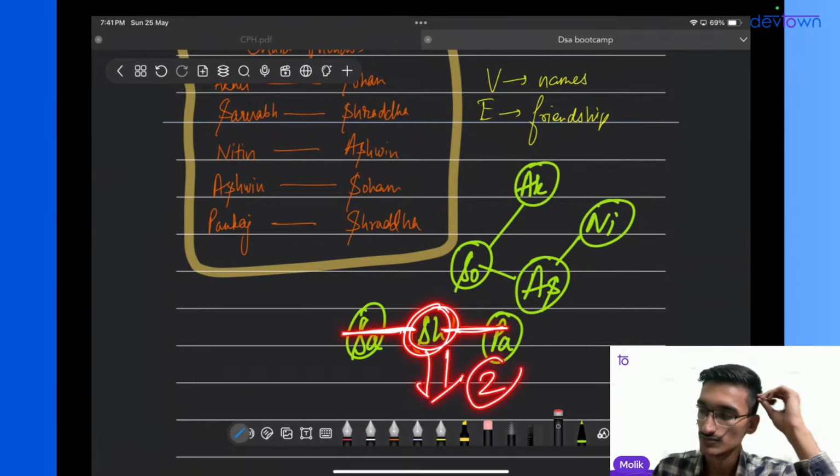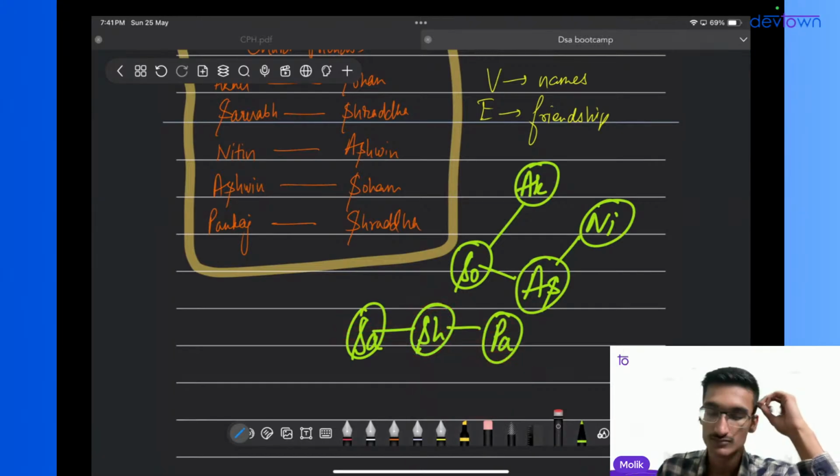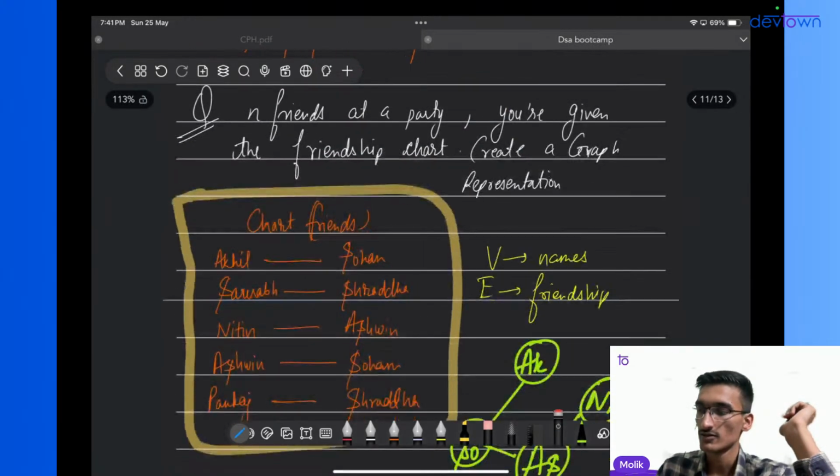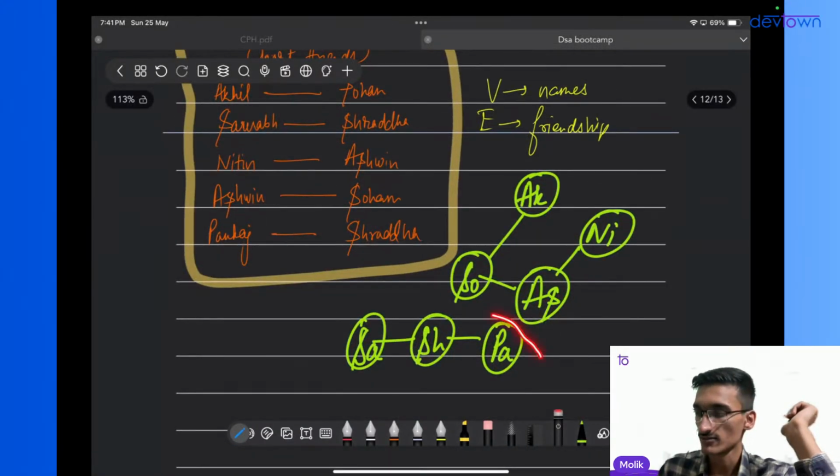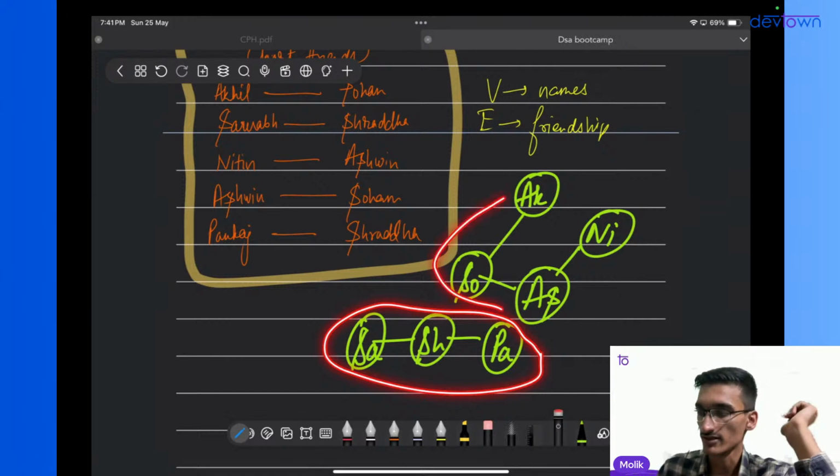Answer will be two. Oh, sorry. Yes, for Soham the answer will be two. That's how you can formulate a graph problem. Yes, you are right, they are not connected. This is one connected component.